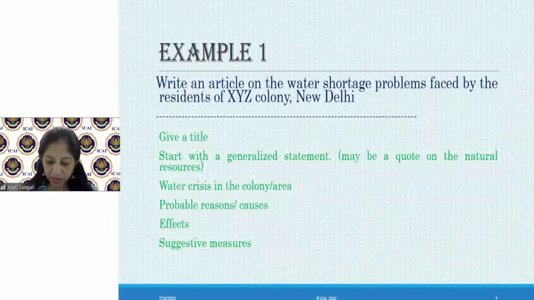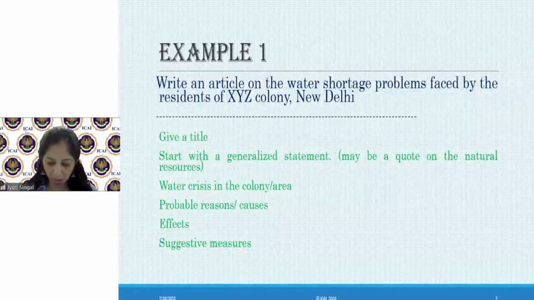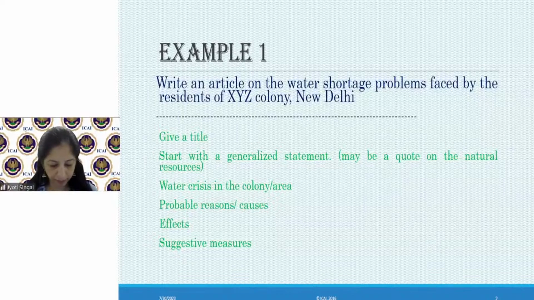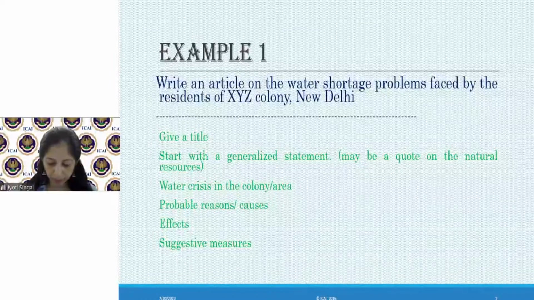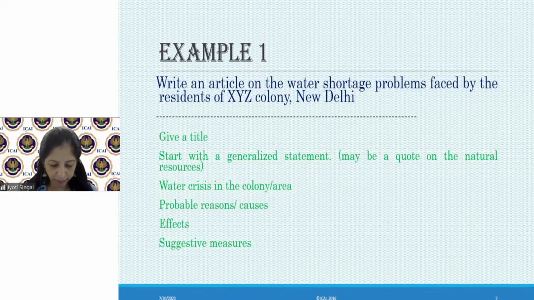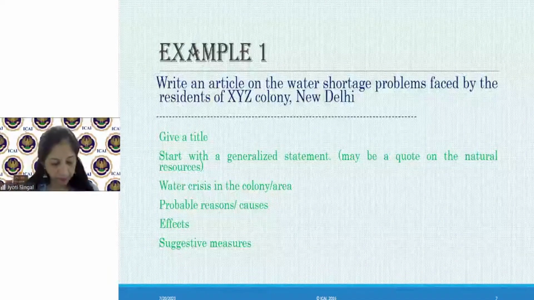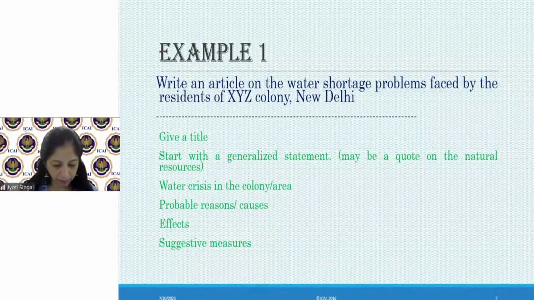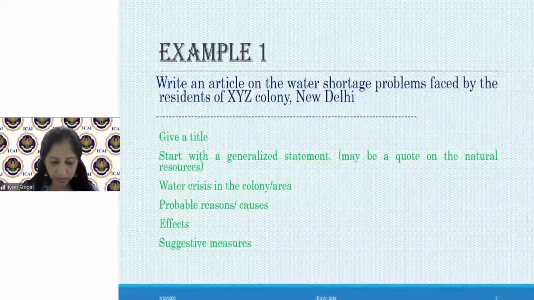Okay, let me just read it. Okay, so Gia has written something really interesting.